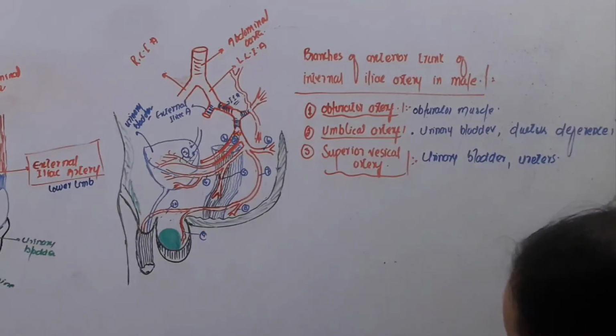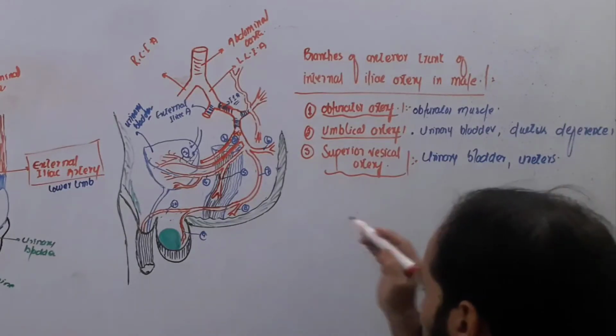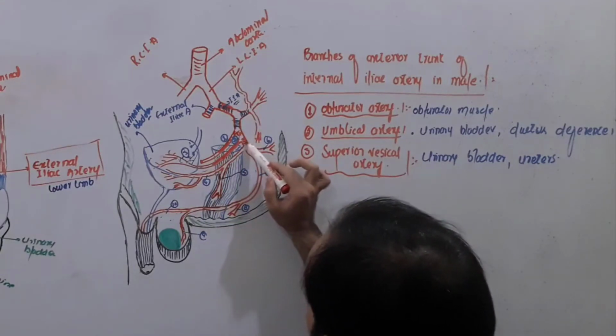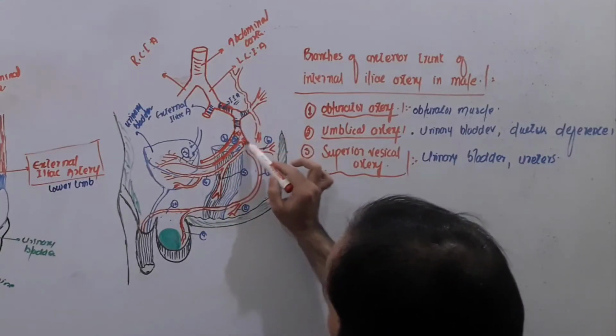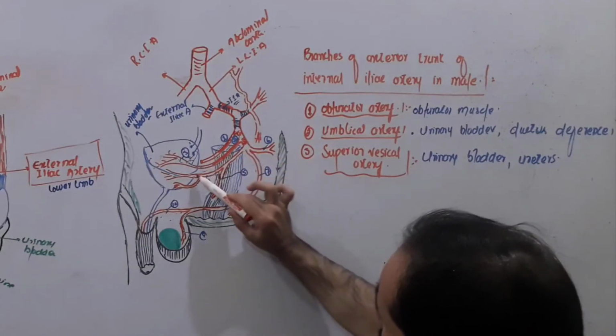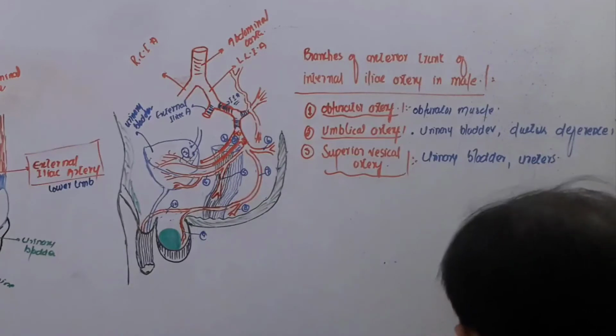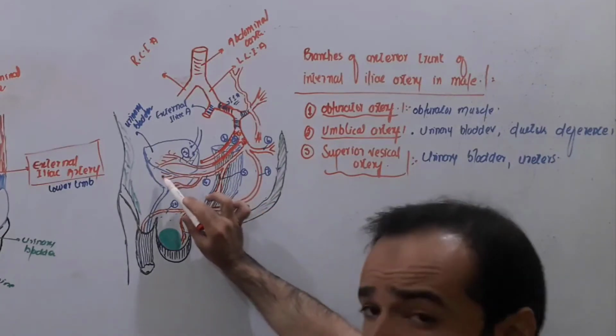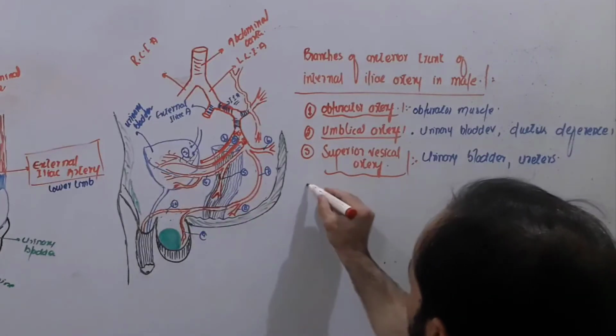also, right? Then there is the fourth branch which arises from this anterior trunk of this internal iliac artery, right? This is our fourth branch. Look here. This fourth branch is called the inferior vesicle artery, as it is going to the inferior portions of this urinary bladder, right?